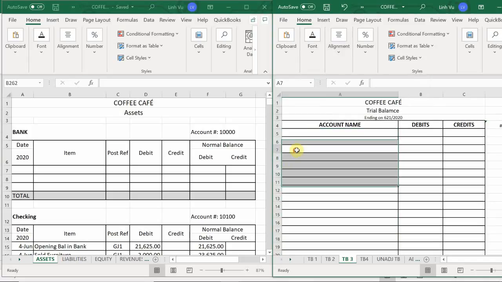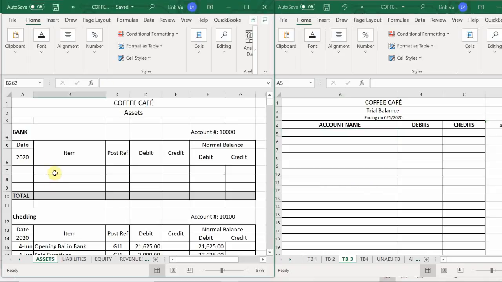We have accounts receivable. We opened a petty cash. So let's go through each and every single one. We're going to spend the next 20-30 minutes going over every single account that we have here. Number 1 in our assets, bank, nothing there.